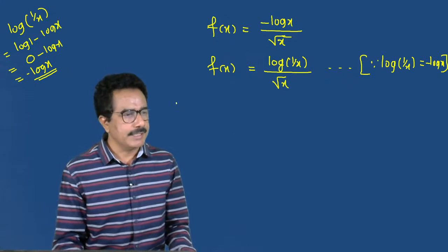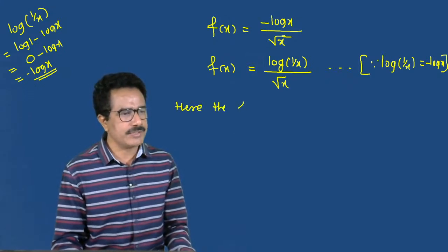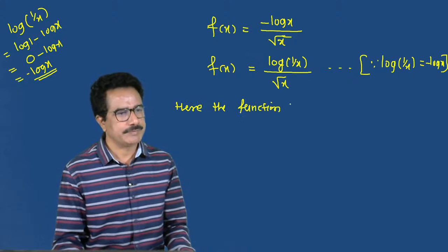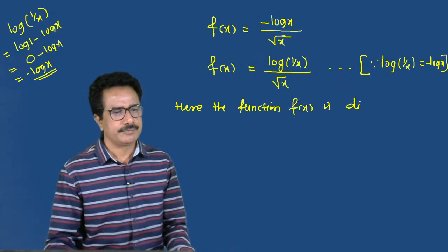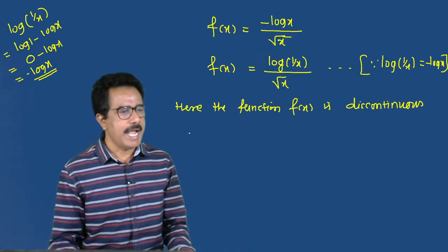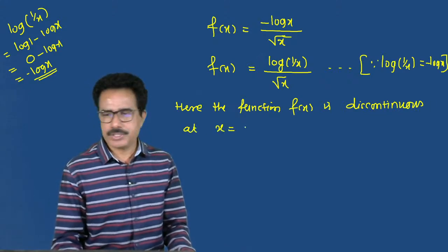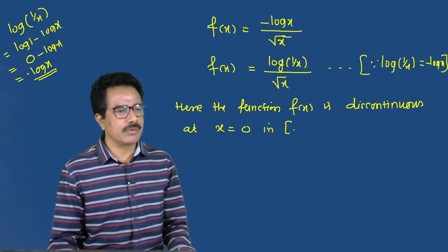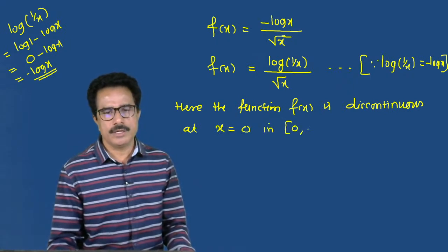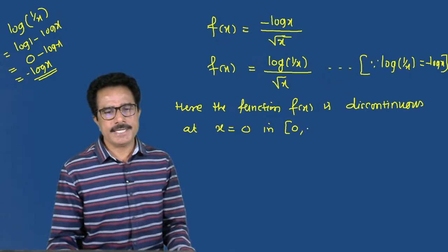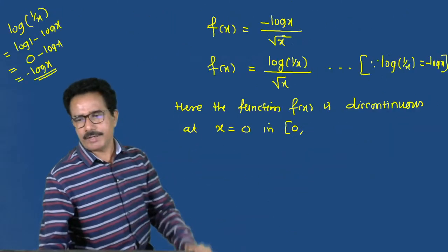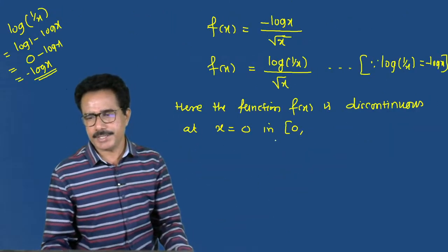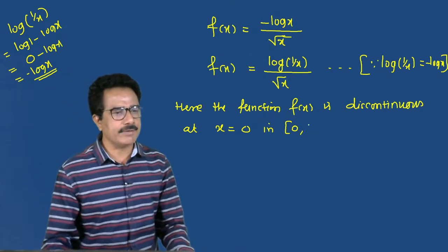Okay, here the function f of x is discontinuous at x is equals to 0 in closed interval 0 to 1. Very good.